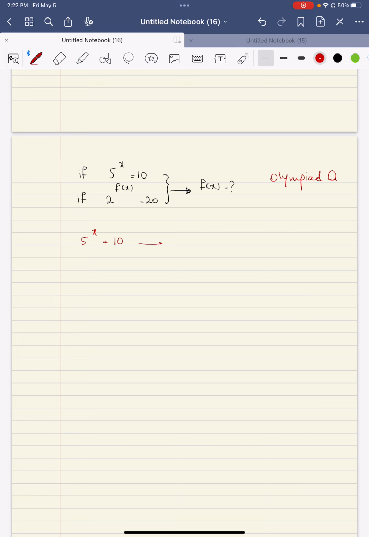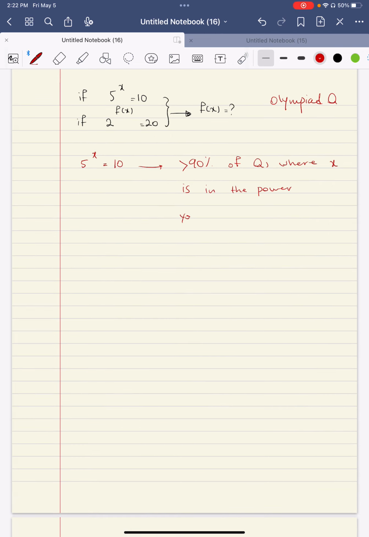In 90% of questions where x is in the power, you have to make use of the ln function.